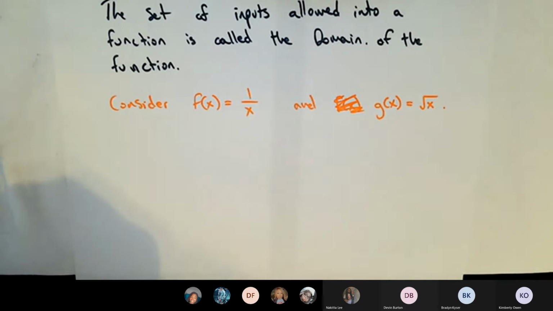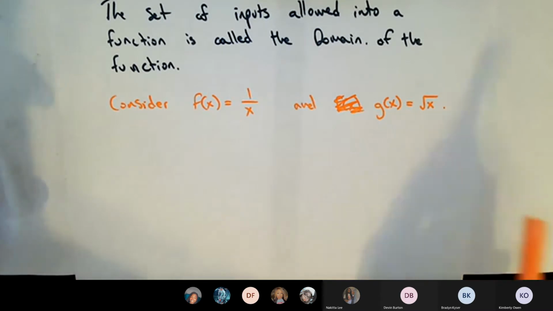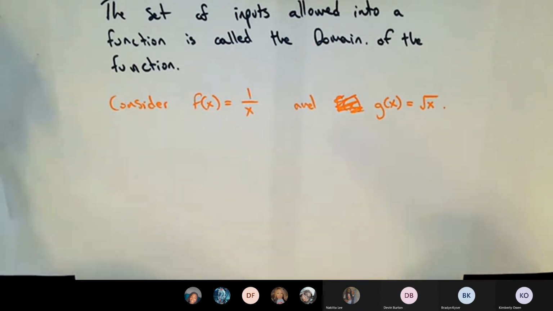Some common letter names we use for functions are f, g, and h. If I ever have to go beyond those, I'll just start using other letters, maybe A, B, C, but f, g, and h are the classic go-tos.